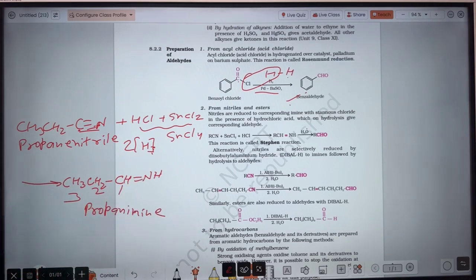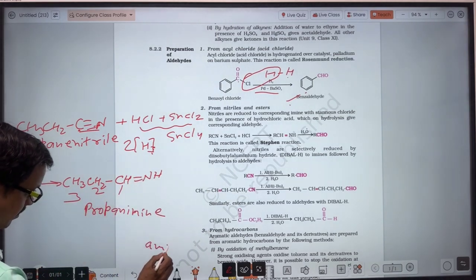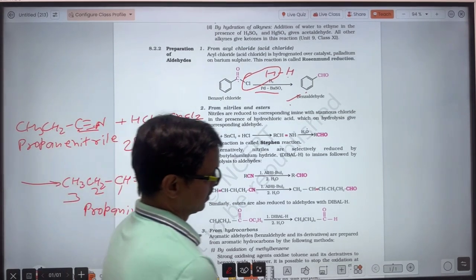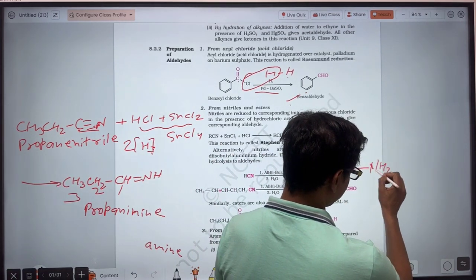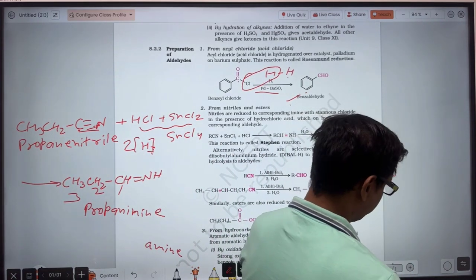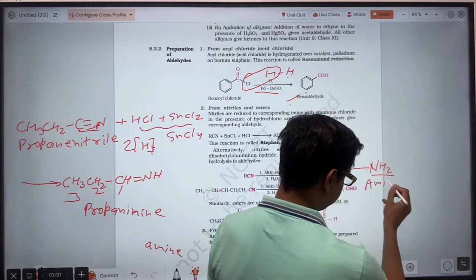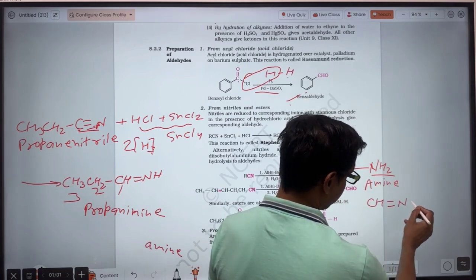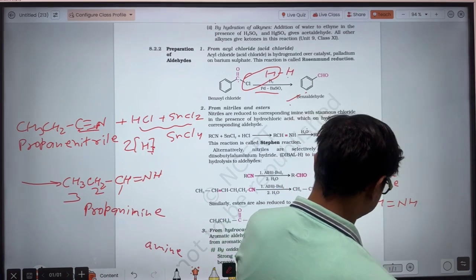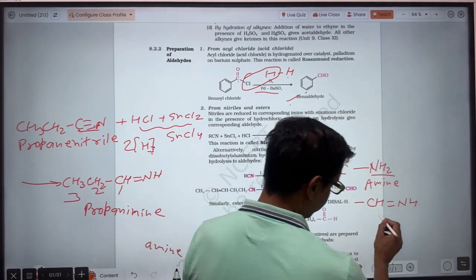Listen here. If there is a single bond between carbon and nitrogen with NH2, that is called amine. If there is a double bond between carbon and nitrogen, that is called imine.